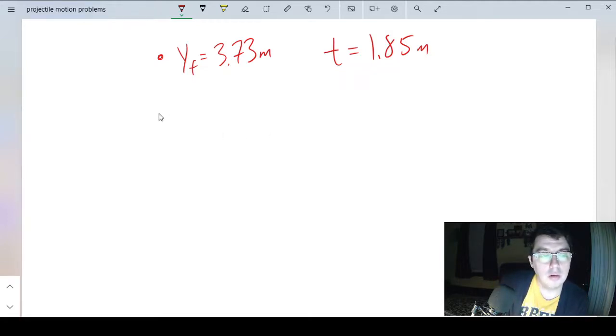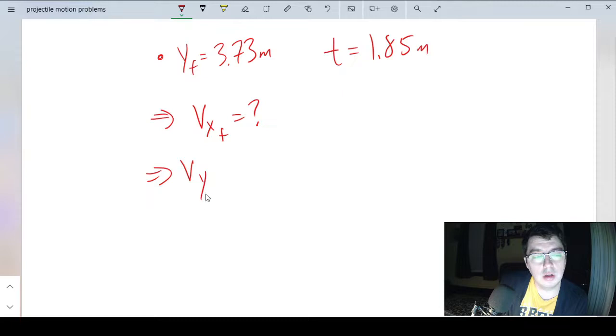I want to know the x component of the final velocity, the y component of the final velocity, and the magnitude of the velocity, the speed.